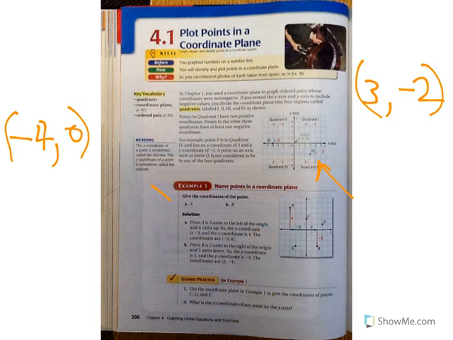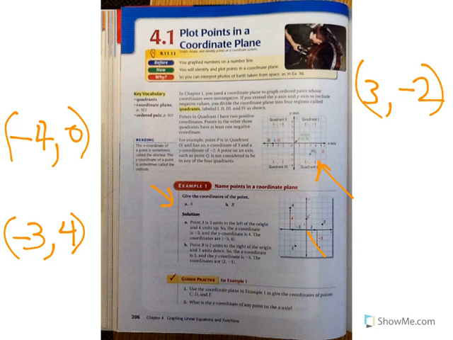So now looking at these examples here, it says give the coordinates of the point, point A. In this case here, we start again at that origin right there. We go over 3, 1, 2, 3, and we're going to the left. And then we're going up 4, 1, 2, 3, 4. So that's why it's negative 3, 4.